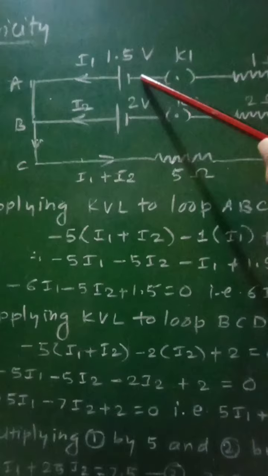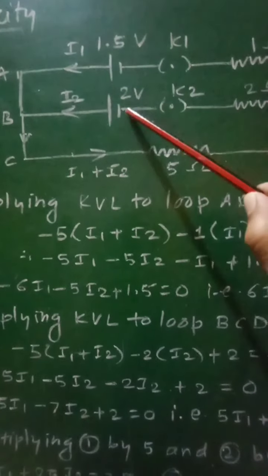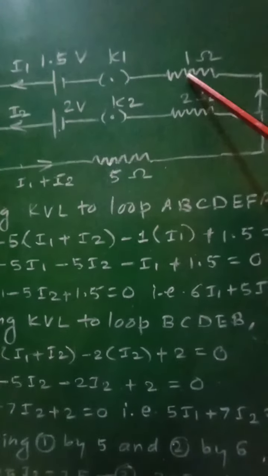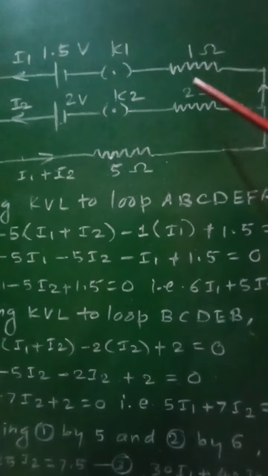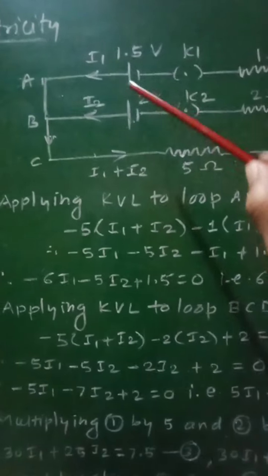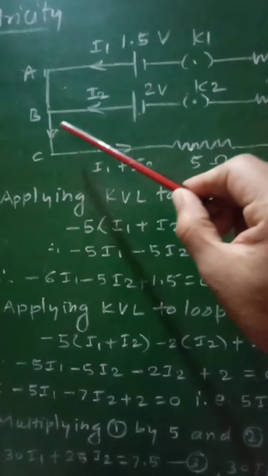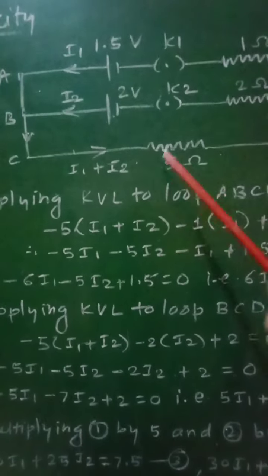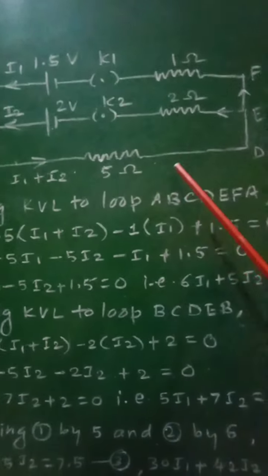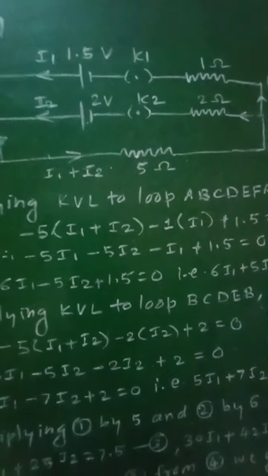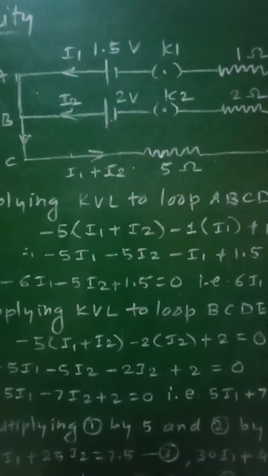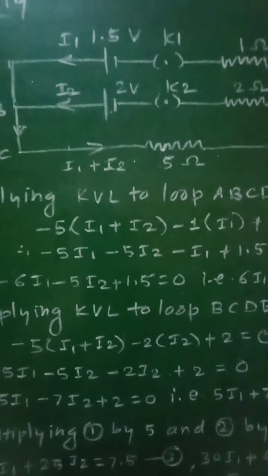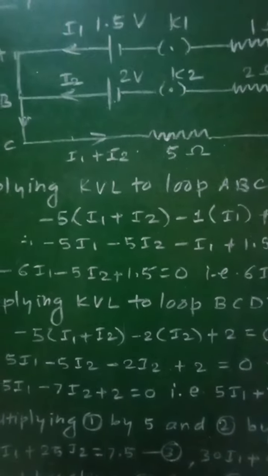and therefore here it is a cell of 1.5 volt, here it is of 2 volt, both are connected in parallel. Their respective internal resistances are 1 ohm and 2 ohm, and this parallel combination of cells is connected to send the current in the same direction through the external resistance of 5 ohm, and therefore the circuit diagram will be the same as that of the previous, that is numerical number 10, and the procedure to find I1 plus I2 will be the same.